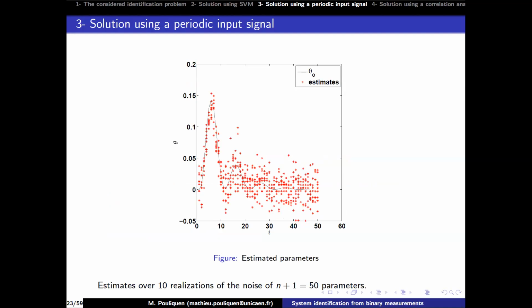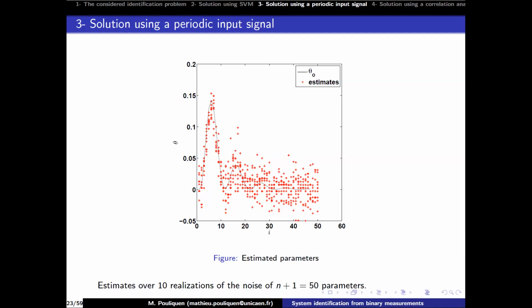Please, could you explain again this figure? What does it stand for? I am looking for the impulse response of the system, in black. In this presentation, I only focus on finite impulse response. Okay, yes, I understand.